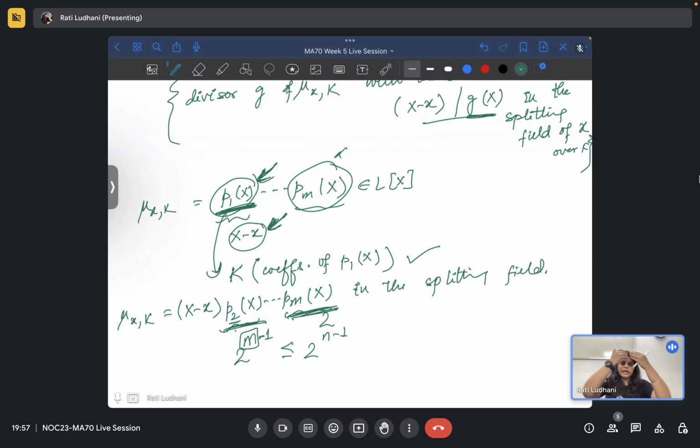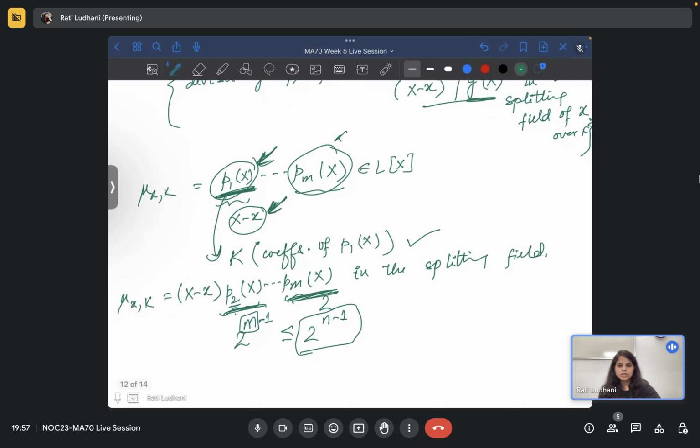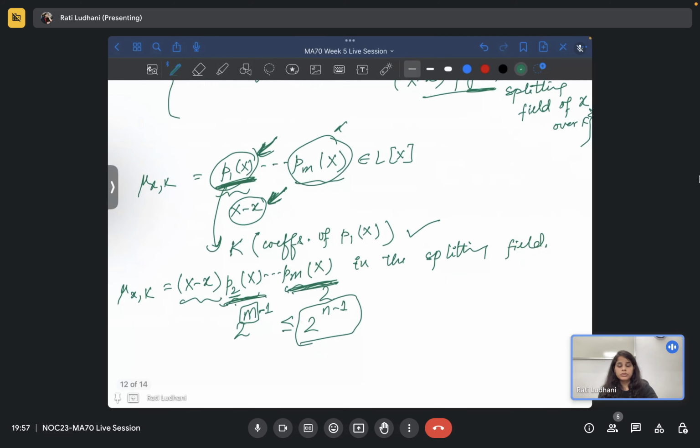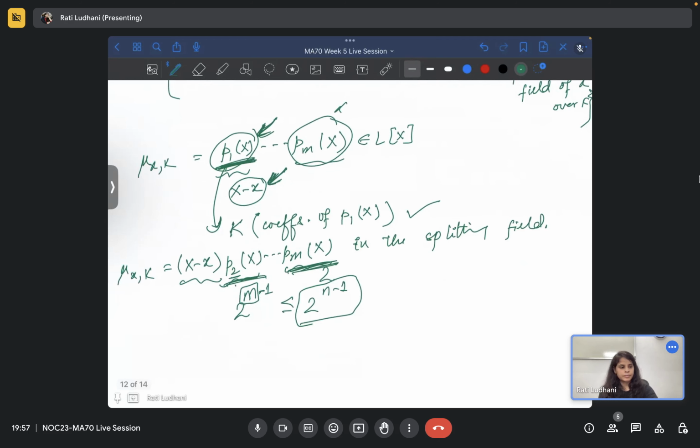So maybe L is the splitting field, L might not be the splitting field, but whatever it is, we don't care. So it is upper bounded by 2 raised to power n minus 1, because x minus x we always want with us, because we want the minimal polynomial of x. Ultimately, it has to be reduced in a simple polynomial.